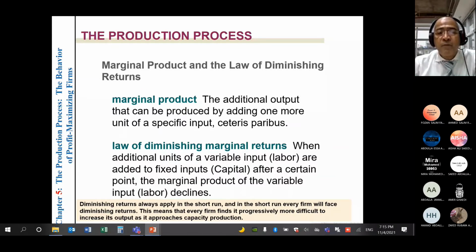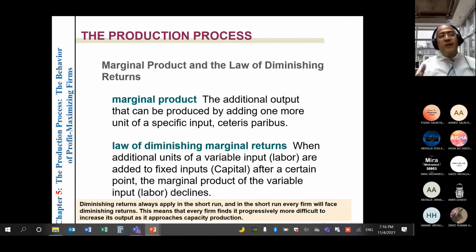Law of diminishing marginal returns. When additional units of a variable input, labor, are added to fixed inputs, the capital, after a certain point, the marginal product of the variable input, the labor, declines.